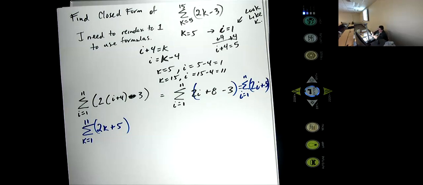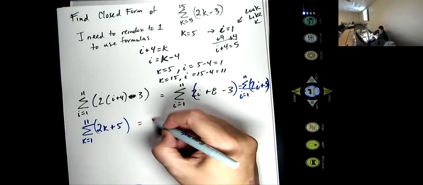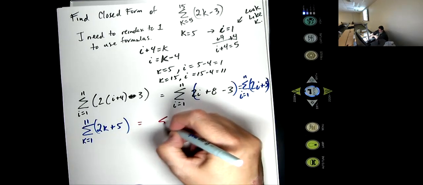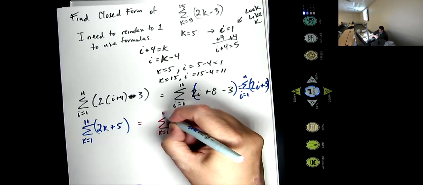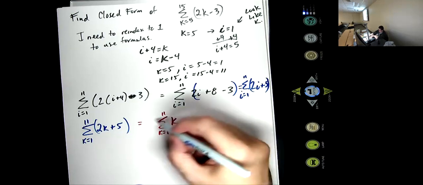All right, so to get it into closed form, I re-indexed it. Now I need to get rid of the summation notation. So I'm going to rewrite this as two different sums. I'm going to have a k here, and I'm going to factor the 2 out.